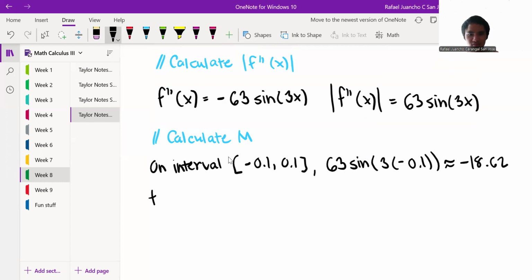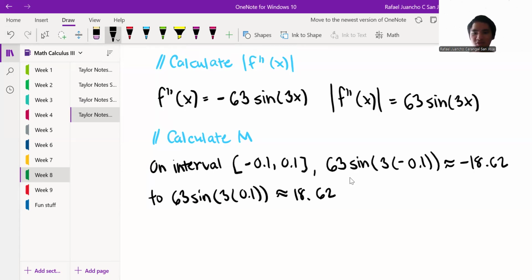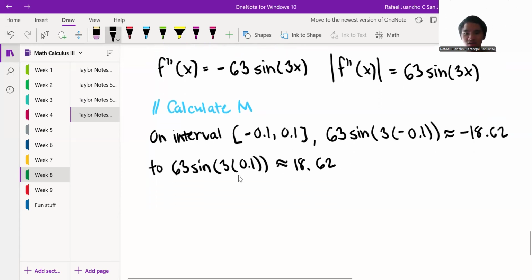And then let's plug in the other one. Now this should give me a positive number. Oh, it actually gives the same thing. That's funny. So on those two things, we say that M is equal to this thing.